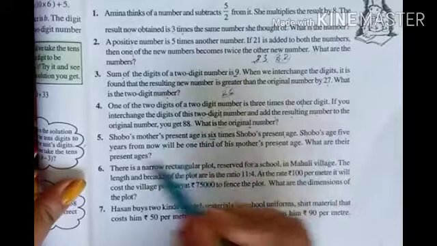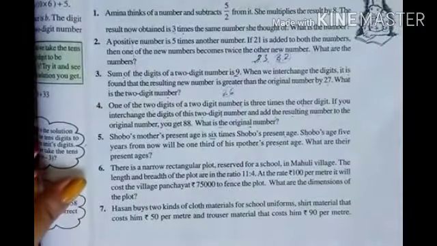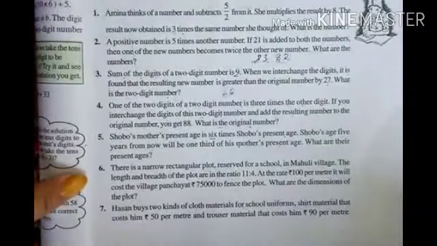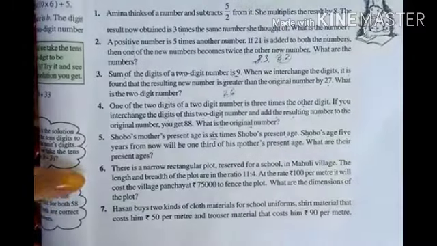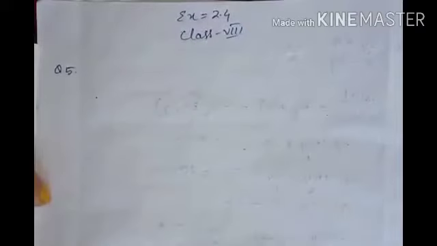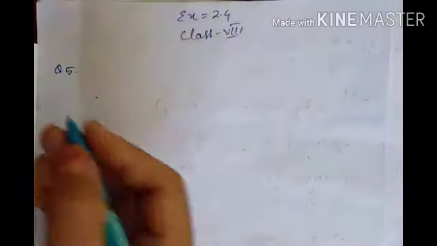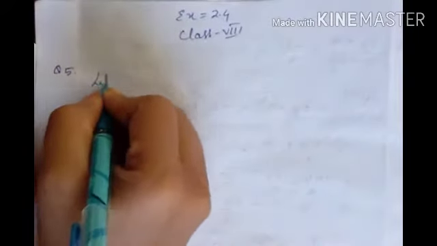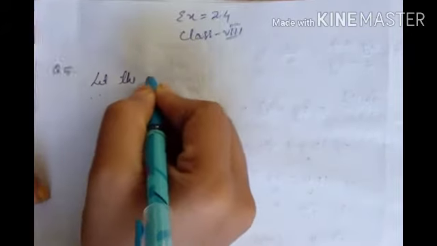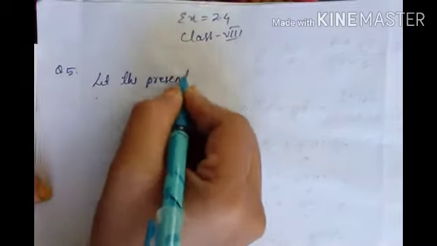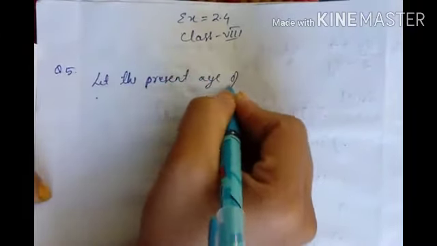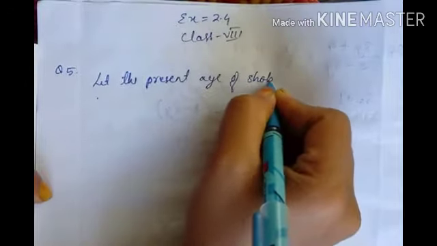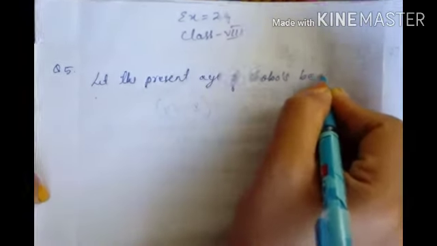Now what will be their present ages? You have to find the present age of Subho and her mother. So what will you assume? Let the present age of Subho be x.